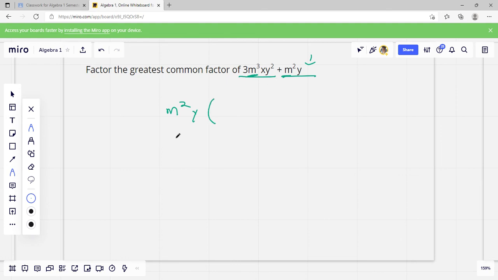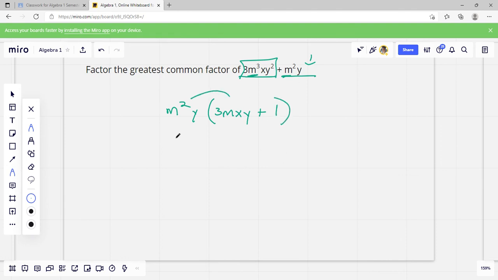Alright, now we got to see what's left in this first term. The 3. We used 2 m's, so we'll have 1 left. We didn't use any x's, so we'll have that. And we used 1 y, so we'll have 1 left. Okay, this one we used 2 m's and the y, so we're going to put plus 1.